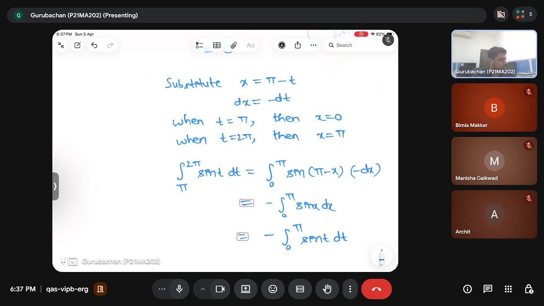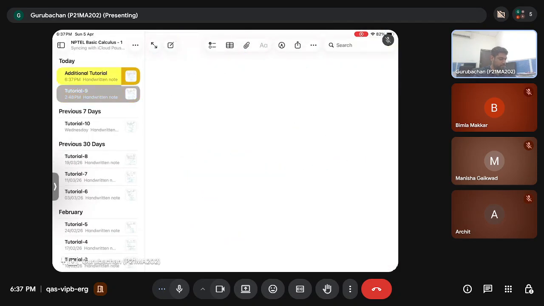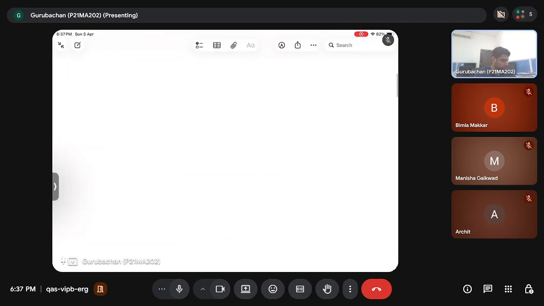Obviously yes, sir, at the end we need to substitute 0 and pi. I hope now it is clear how this integration is negative of this. So the average value will be 0 in this scenario.